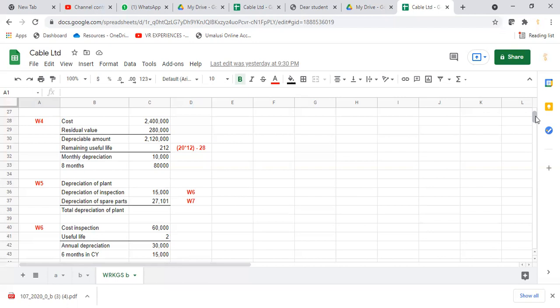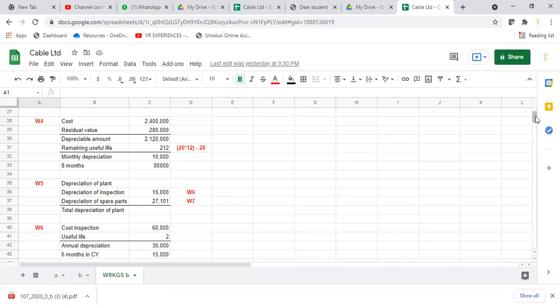Included in the HDWC plant is an inspection cost, and that inspection cost must be renewed every 2 years. So that is why the inspection has a useful life of 2 years, while the plant itself has a useful life of 20 years, I think if I remember correctly. So that is why we needed to separate that. So whenever you see different useful lives for the same asset, then you must know you have to apply the component approach.